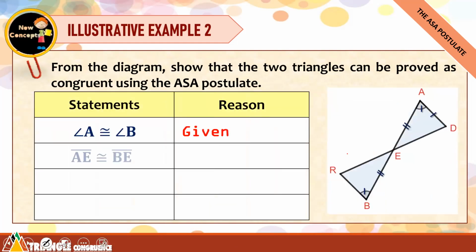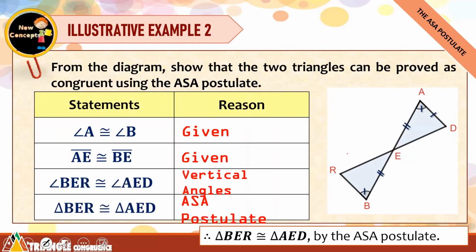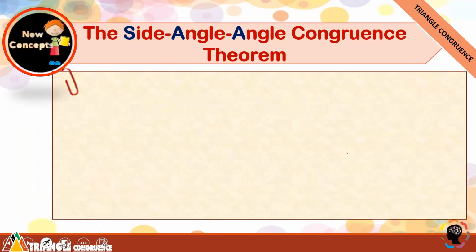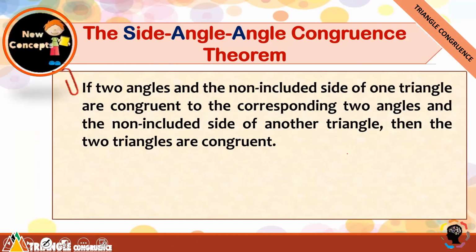So then some examples. Then we have the side angle congruence. Sometimes it can be AAS, or angle angle side. Two angles and a non-included side of one triangle are congruent to the corresponding two angles and non-included side of another triangle, then the two triangles are congruent.